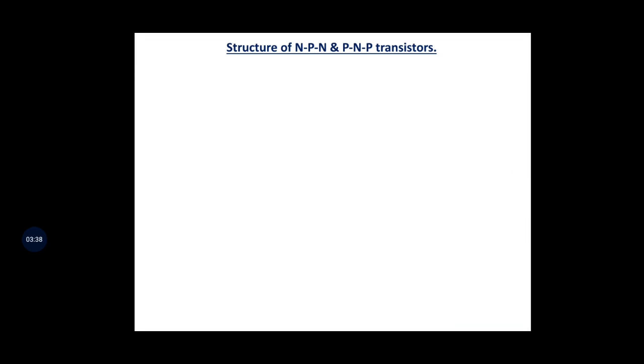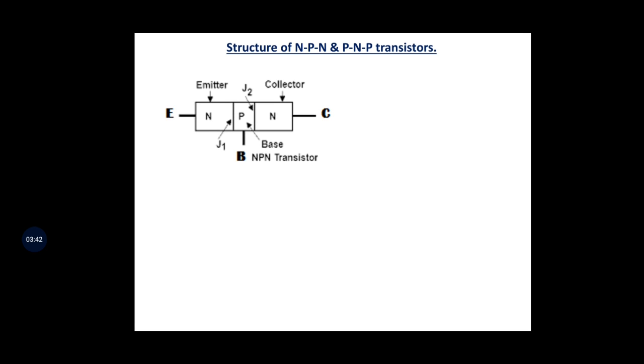Now let us see the structures of NPN and PNP transistors. You can see here, this is the structure of NPN transistor. As in the name also, NPN, between the two N-type semiconductors there is a P-type semiconductor layer. And the symbolic representation you already know.